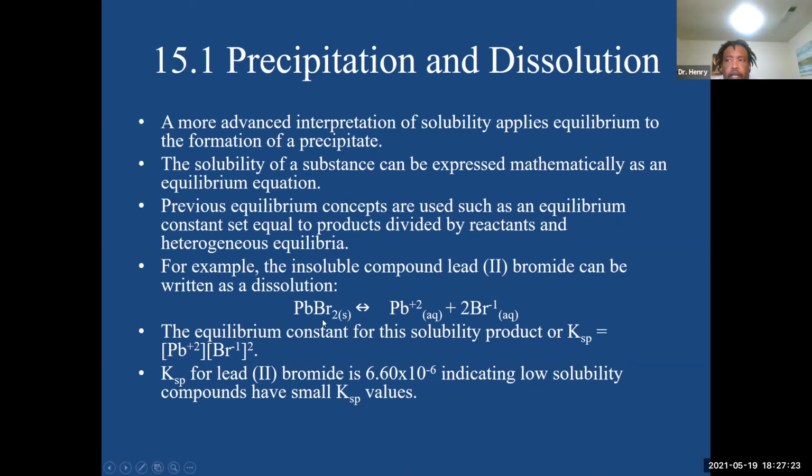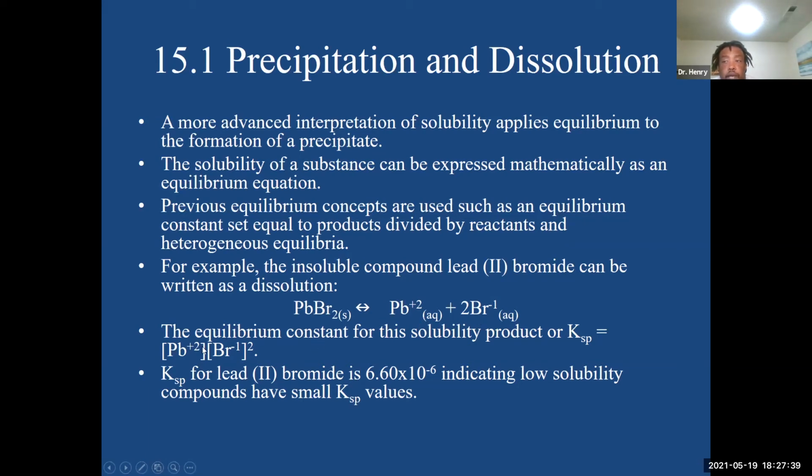So if we look here, we have lead bromide, right? Lead bromide is going to get ionized and become lead 2+ ion plus bromide minus ion. Balancing it out, you need 2 of those bromides.